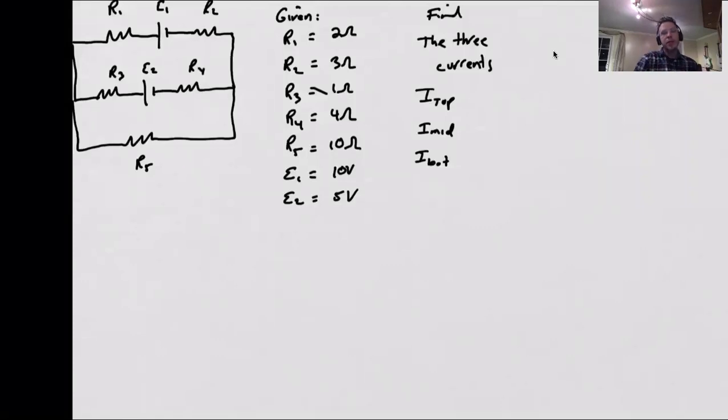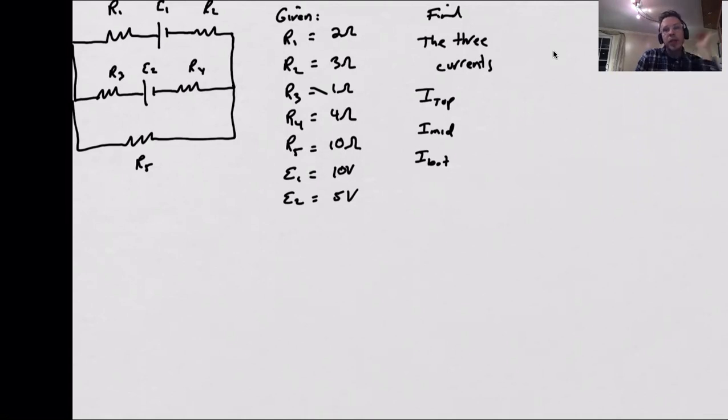Okay, so this is the first, slightly complicated circuit that I want to solve. We have a situation very similar to what we've had a few times now, namely 3 branches: top branch, middle branch, bottom branch. We have 2 resistors on the top branch and a battery, 2 resistors on the middle branch and a battery, and only a resistor in the bottom branch.